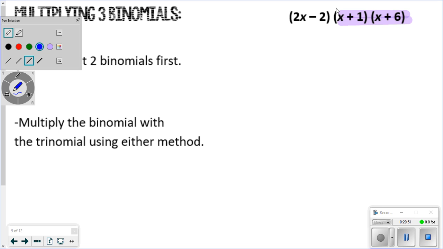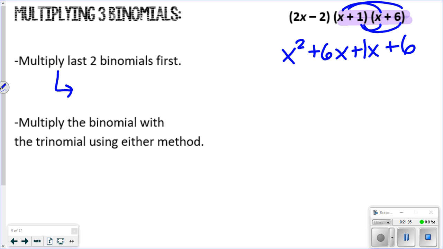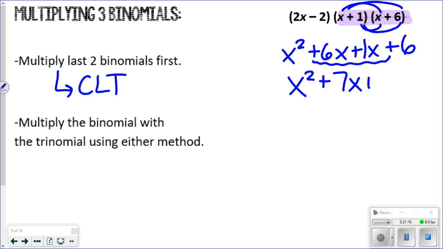I'm going to FOIL first, outside, inside, last. And then after we multiply them, don't forget we need to combine like terms, which are these two right here. So I get x squared plus 7x plus 6.